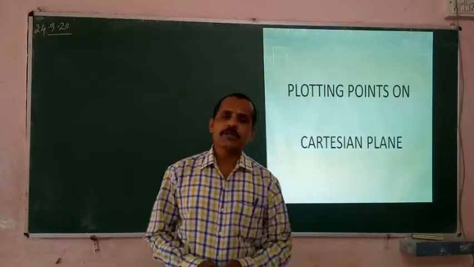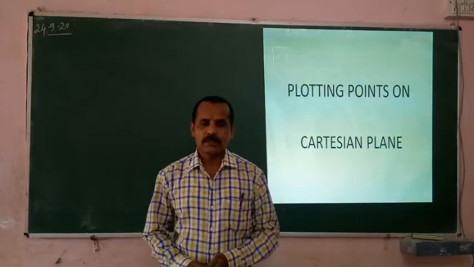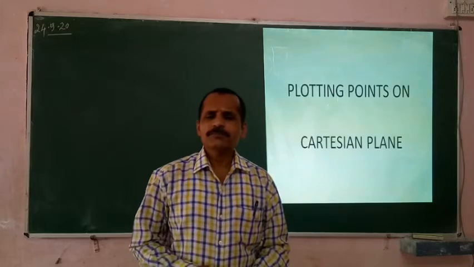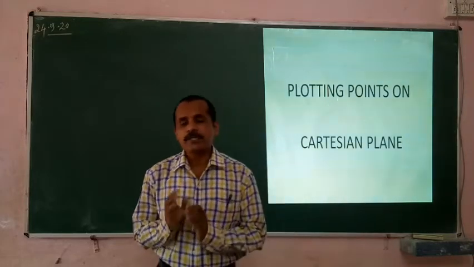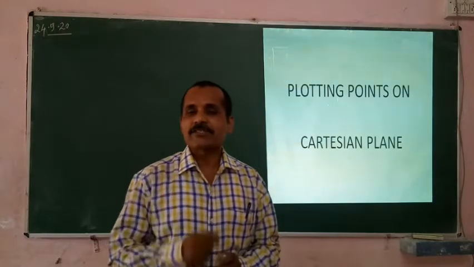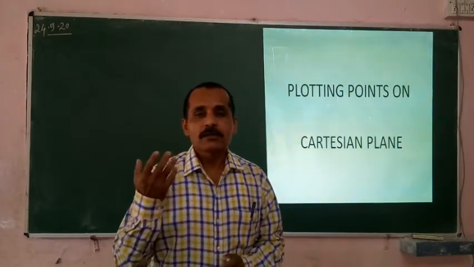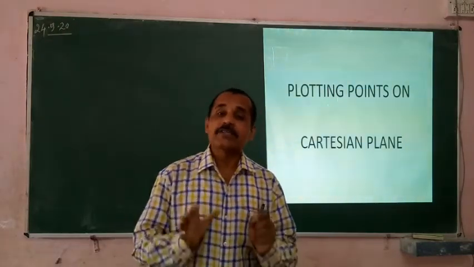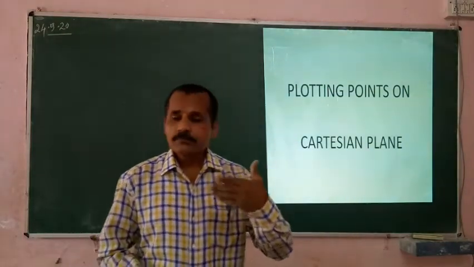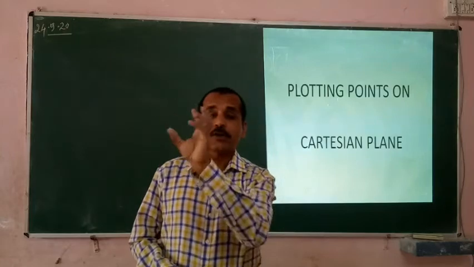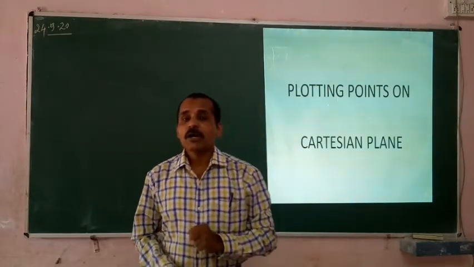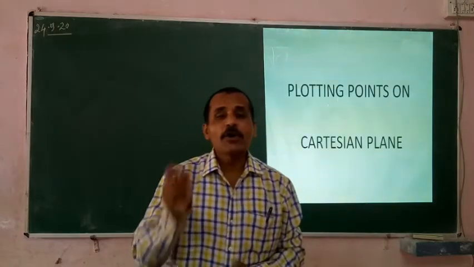In the chapter of coordinate geometry, I have already uploaded one video. There I taught you the basic concepts of coordinate geometry, like coordinate axes, what the different quadrants are, what a Cartesian plane is, what type of numbers and coordinates come in the first quadrant, what abscissa is, and what ordinate is.